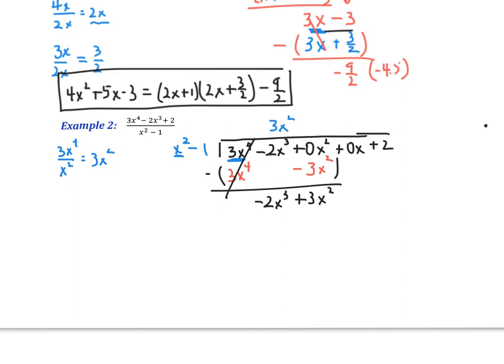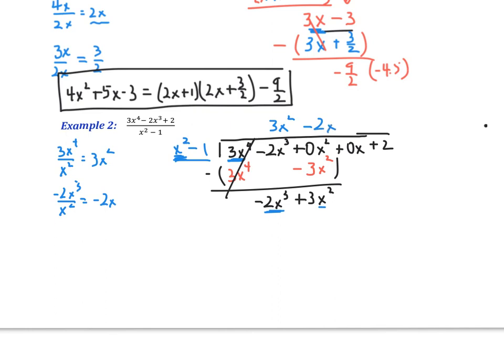Like I said earlier, since I have two terms out in front here, I always want to make sure I have two terms. So I don't have to bring anything down just yet. I have to figure out how many times x squared can go into my first term here. So -2x cubed divided by an x squared. Okay, if I simplify that, it looks like I get a -2x. And that -2x I'm going to write up here.